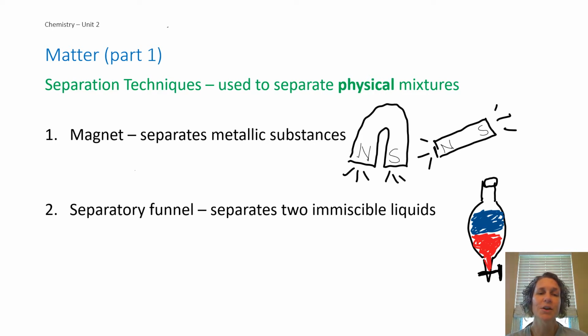Separation techniques are used to separate physical mixtures. Physical mixture means that they are not chemically combined, that the parts that are put into the mixture can retain their own physical properties. If we do this in class, I'll try to figure out how to do it if you're doing this at home.